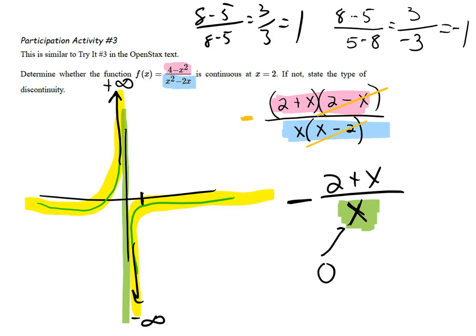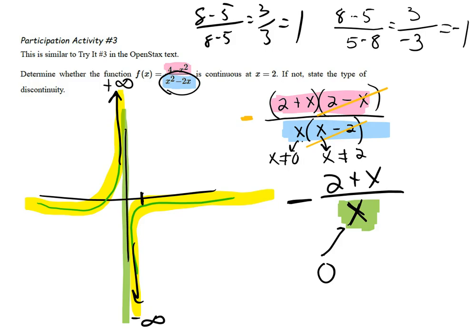Oh, that's right. There's a hole in the graph too. Sorry. Let's see. If you look at this guy right here, when you factor out the x, x cannot equal 0, but x also cannot equal 2.